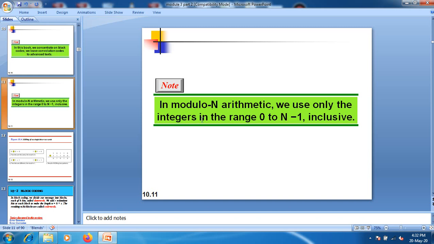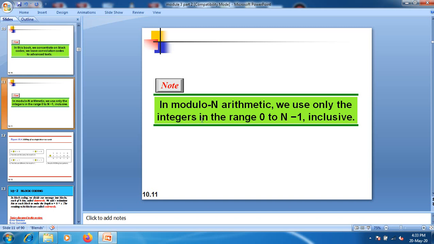Apart from that, we are very much interested in modulo n arithmetic, where we use only the integers in the range of 0 to n minus 1. We are using the inclusive numbers. For example, if you are using a modulo 2 arithmetic, we are using 0 and 1. If you are using modulo 5 arithmetic, we are using inclusive numbers in the range of 0, 1, 2, 3, 4.